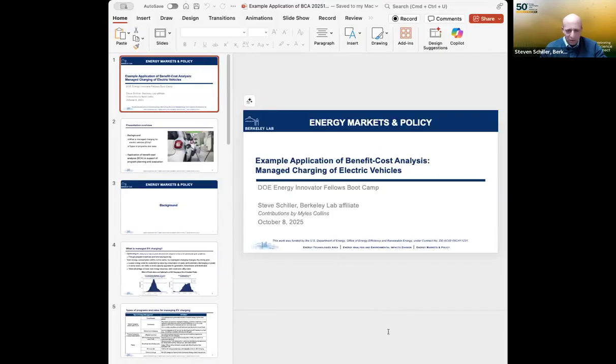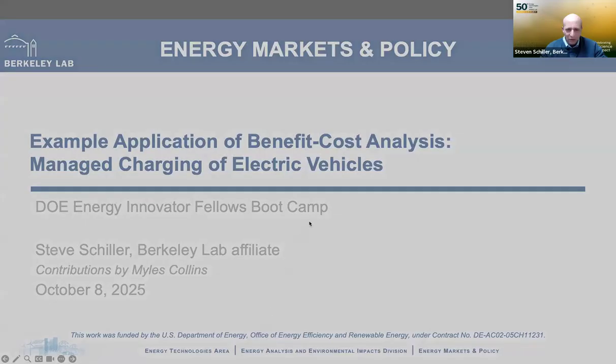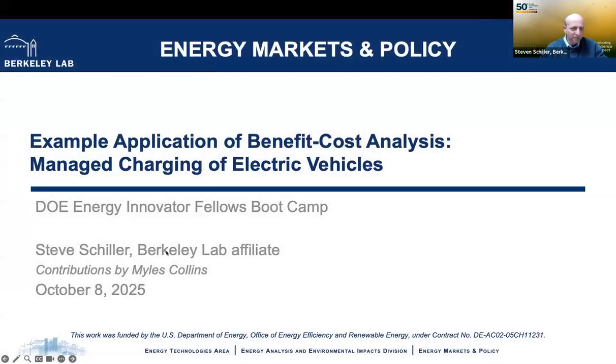All right, let's go. We've got about 15 minutes and we're going to go through an example. This example we put together is about managed charging of electric vehicles. Thought that might be interesting for folks, maybe a little more exciting than LED light bulbs.